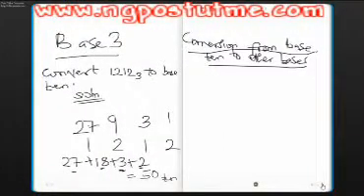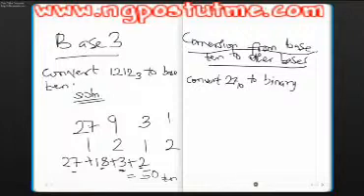Somebody gives you a question like this that says convert 27 in base 10 to binary. I'm sure you still remember that the name we give to base 2 numbers is binary. Convert 27 base 10 to binary.